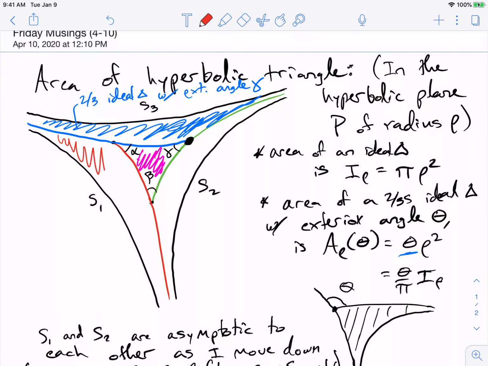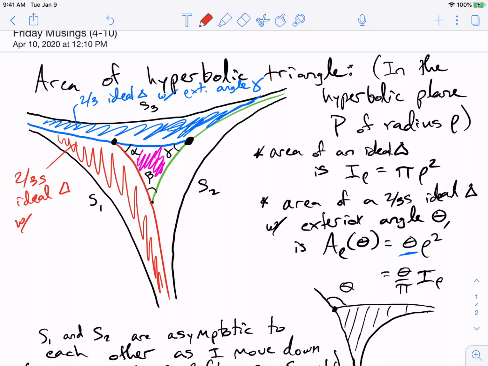So this region here, it's also enclosed by 3 geodesics, where 2 of the pairs are asymptotic, and then the third pair, the blue and the red, actually meet at a vertex. This is also a 2/3 ideal triangle.